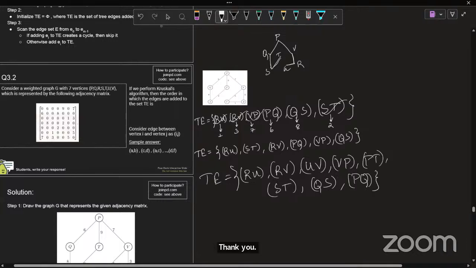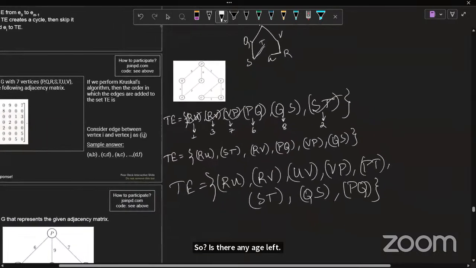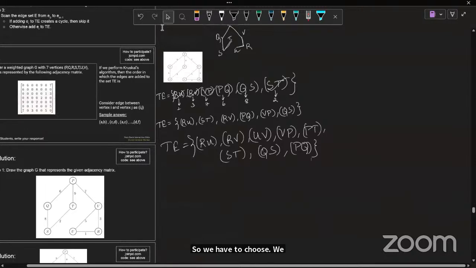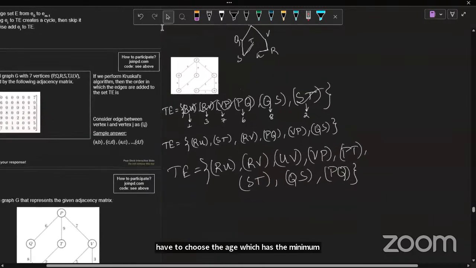Is there any edge left? Then we write the edge weights and choose the edge with the minimum weight.